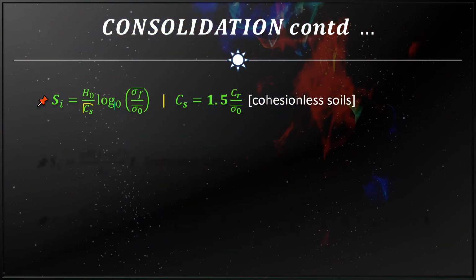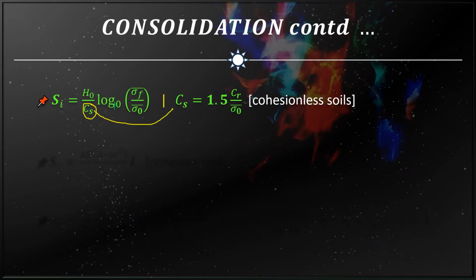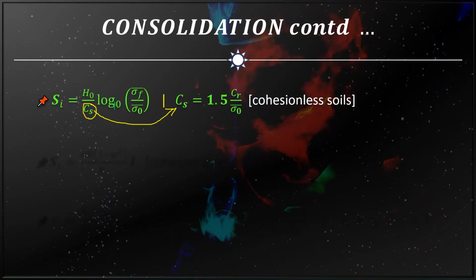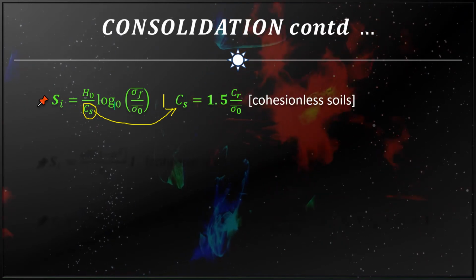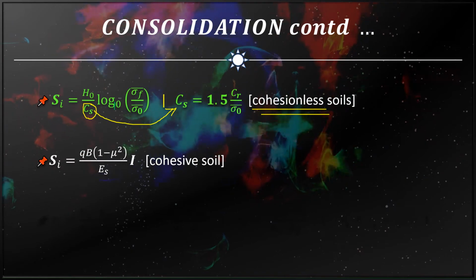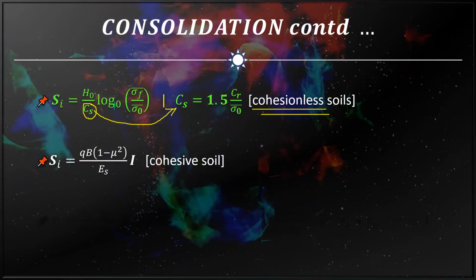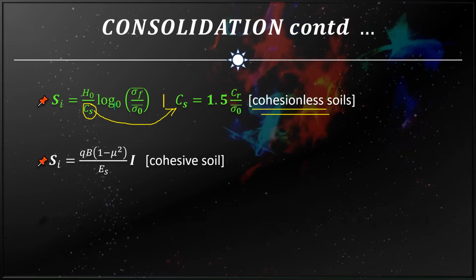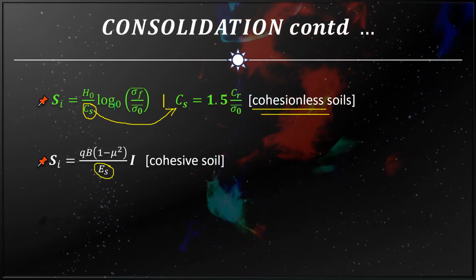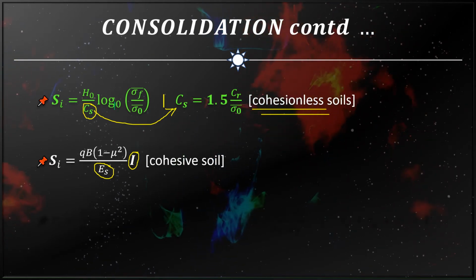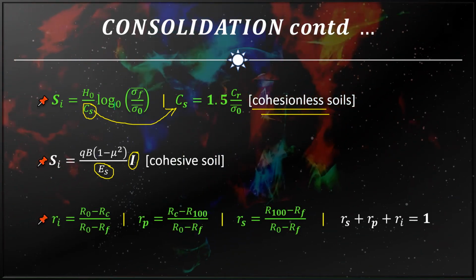And here the Cs term is given by this formula: Cs is equal to 1.5 recompression index Cr divided by sigma naught bar, and this is only applicable for cohesionless soil. And for cohesive soil, immediate settlement is given by Si is equal to qB into (1 minus nu square) by Es, into I. Es is modulus of elasticity, I is the influence factor, and nu is the Poisson's ratio.